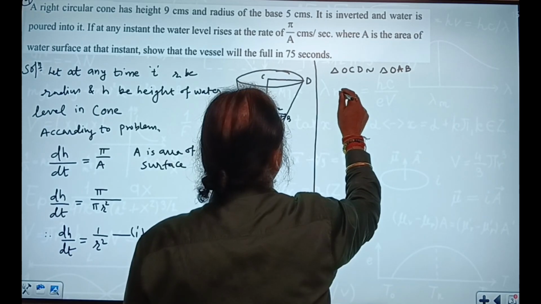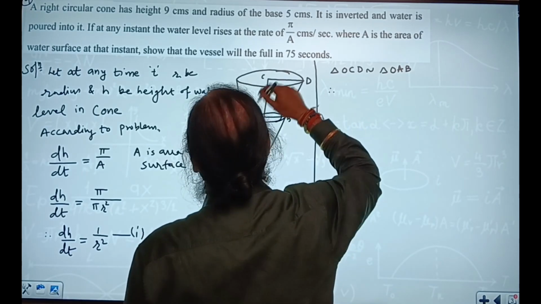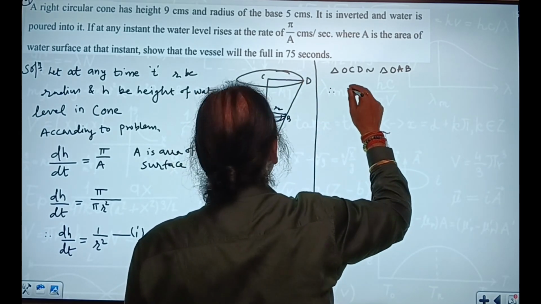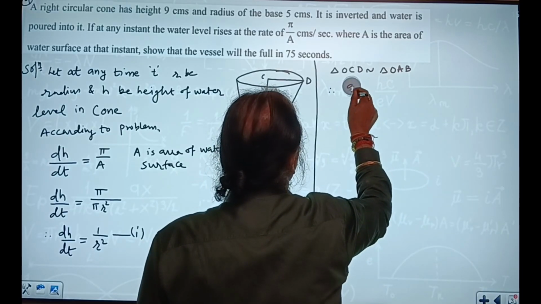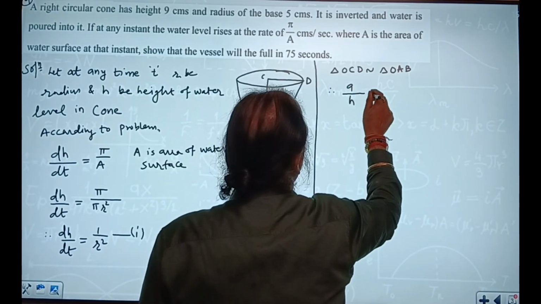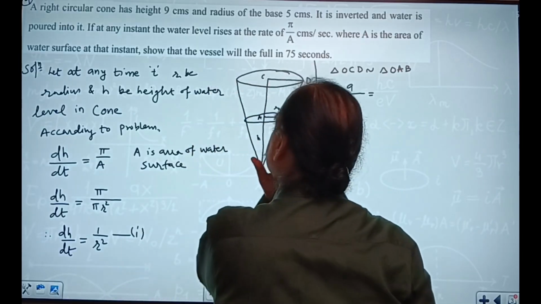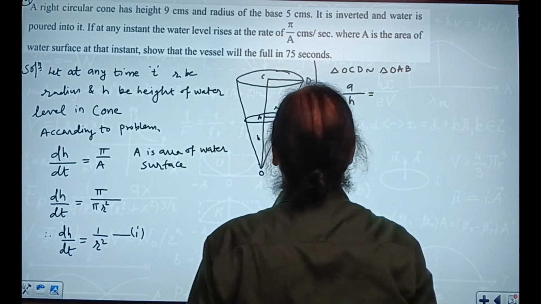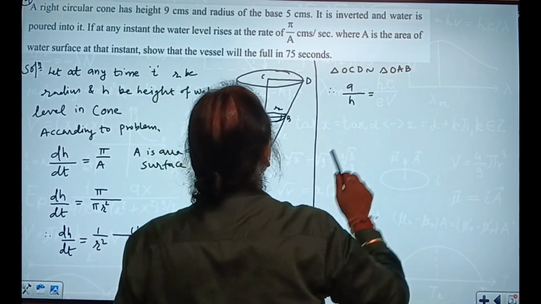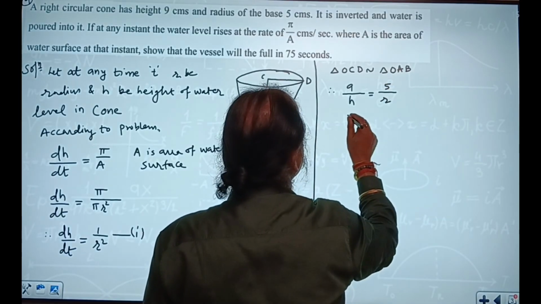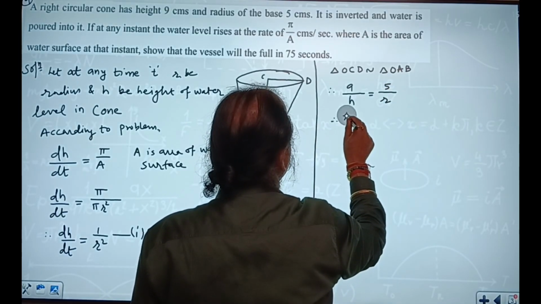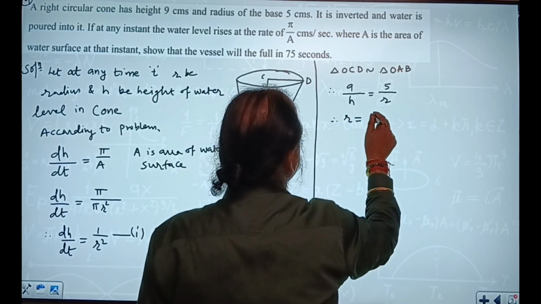Therefore, height of cone is 9, so 9 divided by h is equal to radius of base, 5, upon r. So r is 5h by 9.